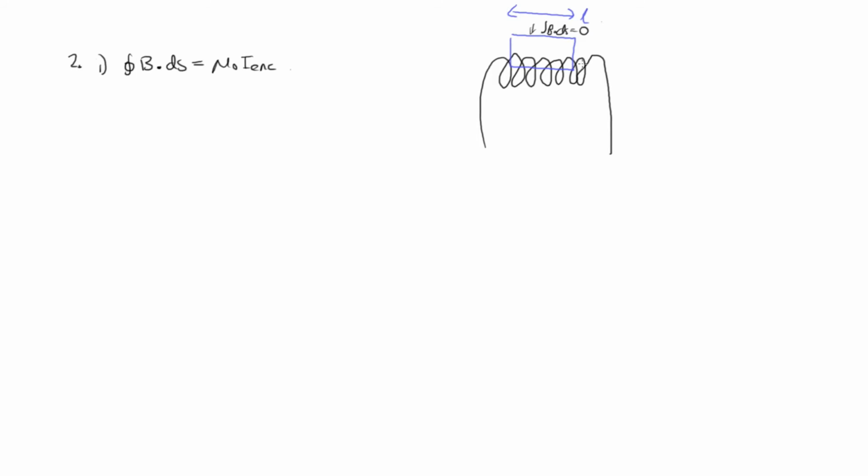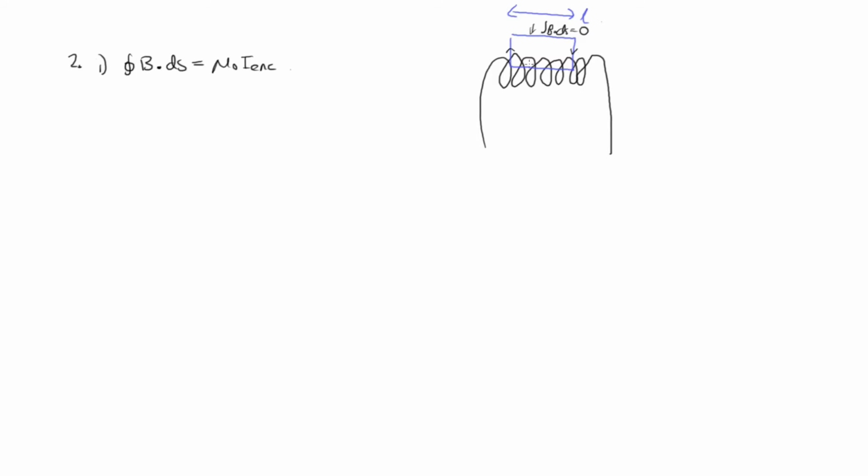One way to consider that is the direction of the magnetic field. If it's this way along the solenoid, then ds and B are perpendicular to each other, so that's a 0 contribution. The other way to argue it is that this one is going down and this ds is going up, they're in opposite directions, so they will cancel out. Probably the first way to argue it is slightly preferable.